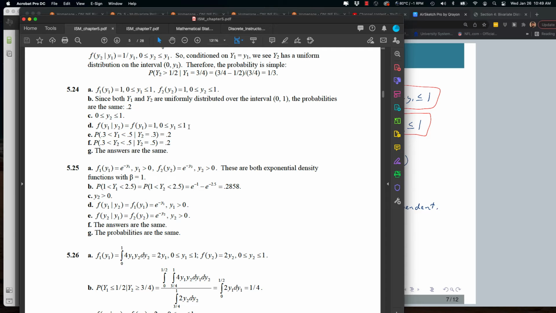Also E and F both gave us the same probabilities regardless of what we held y sub 2 to, because being independent means that we should have gotten the same solution no matter what value we chose for y sub 2, because these variables aren't dependent on one another. And so what value you pick for y sub 2 to be the given doesn't matter to us when it's independent.